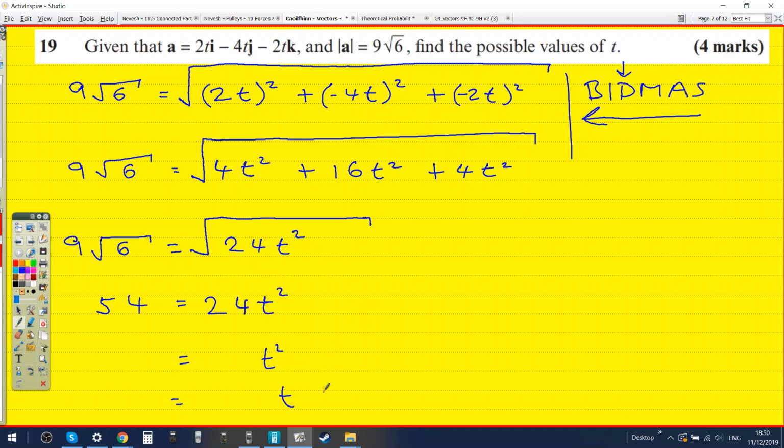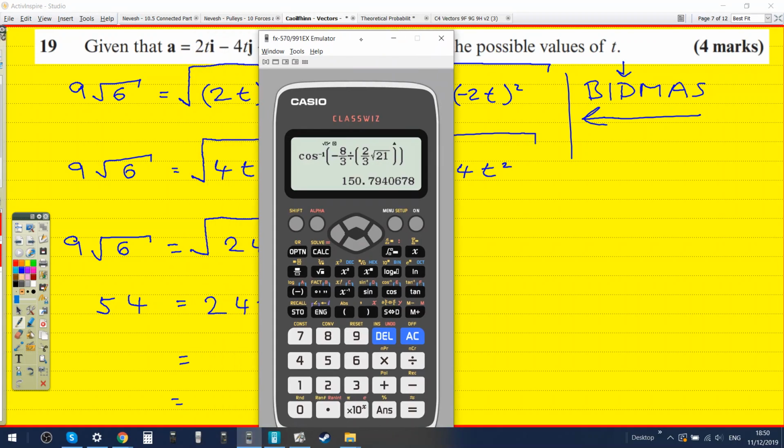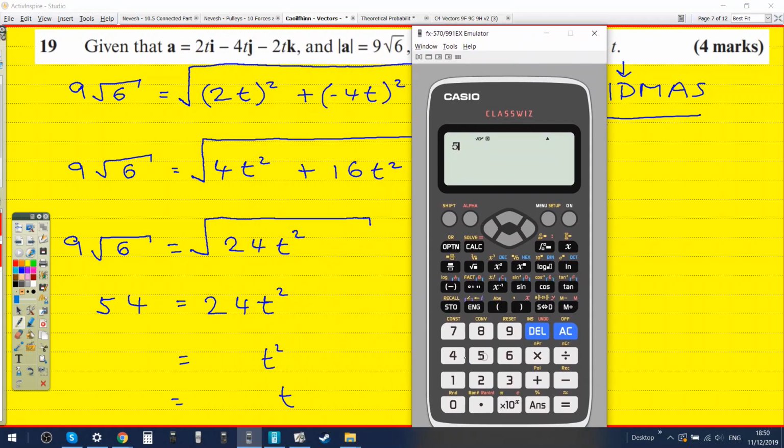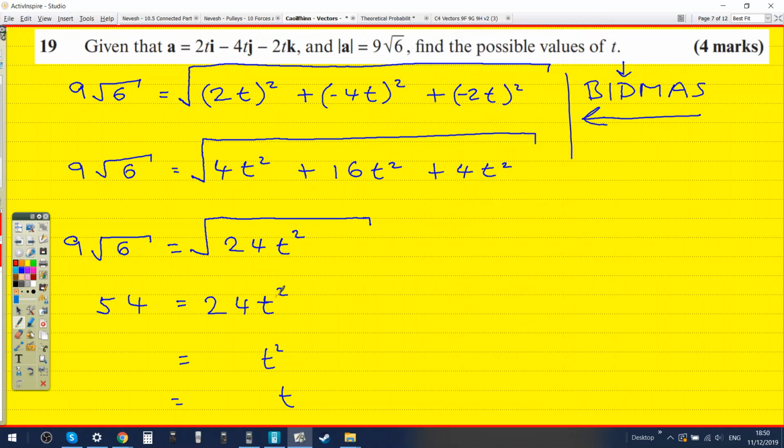What would that be? 24 equals 54 over t squared. You have to, so t squared has been multiplied by 24, so you have to divide both sides by 24.